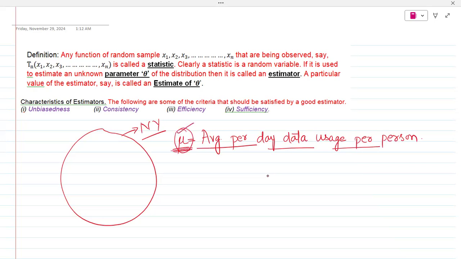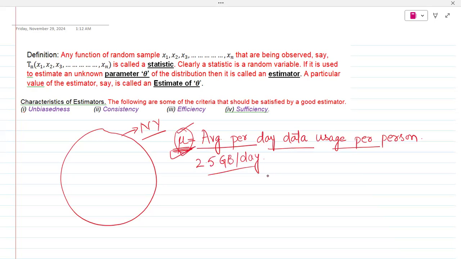Here, obviously this mu is not known to me. Because if this mu is known, meaning if I already know the average per day data usage, for example suppose I know that this mu is 2.5 GB per day, then why would I estimate that?